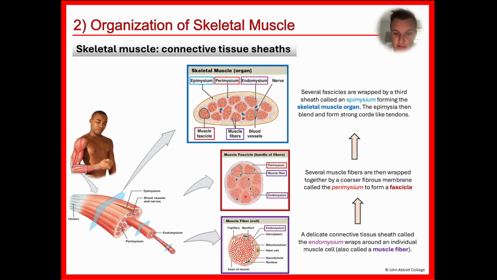Remember I told you, what is it that's around one muscle cell? That's called endomysium. So all of this pink stuff, do you see all this pink that wraps around one muscle fiber? That's the endomysium, right? But wrapping around a bunch of fibers is another white layer of connective tissue. That's what we're going to call the perimysium. That's grouping together a few muscle fibers, right?